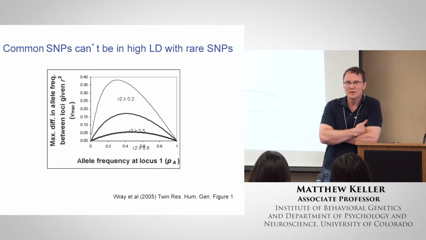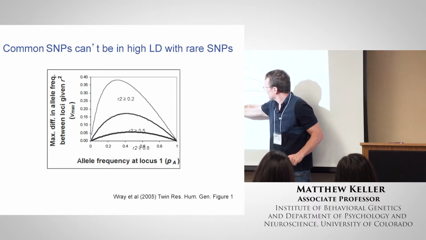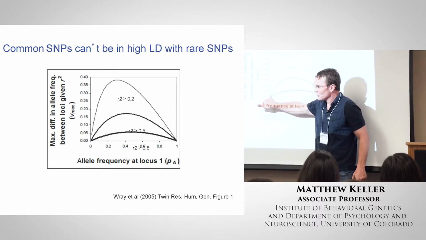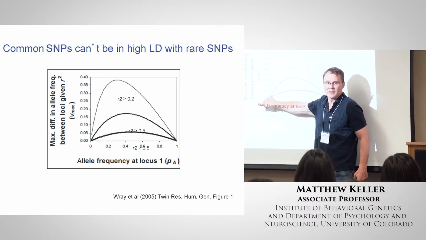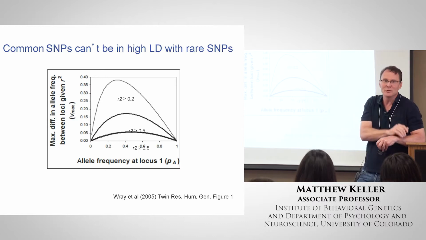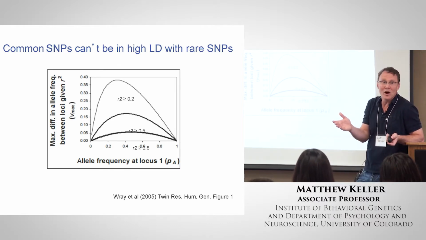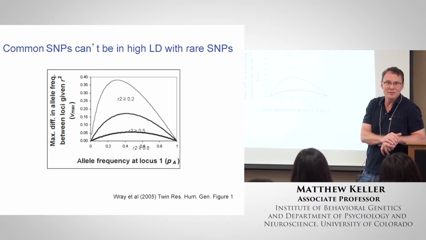So the reason is actually implicit in this plot. To be able to tag something with a really low allele frequency like 0.005 or 0.0001, the difference in the frequency has to be minuscule. So you're only going to be able to tag something with an allele frequency of 0.005 with something else that has about that same allele frequency, right? Anything that has an allele frequency, even of 0.01, is just not going to be able to tag it very well.